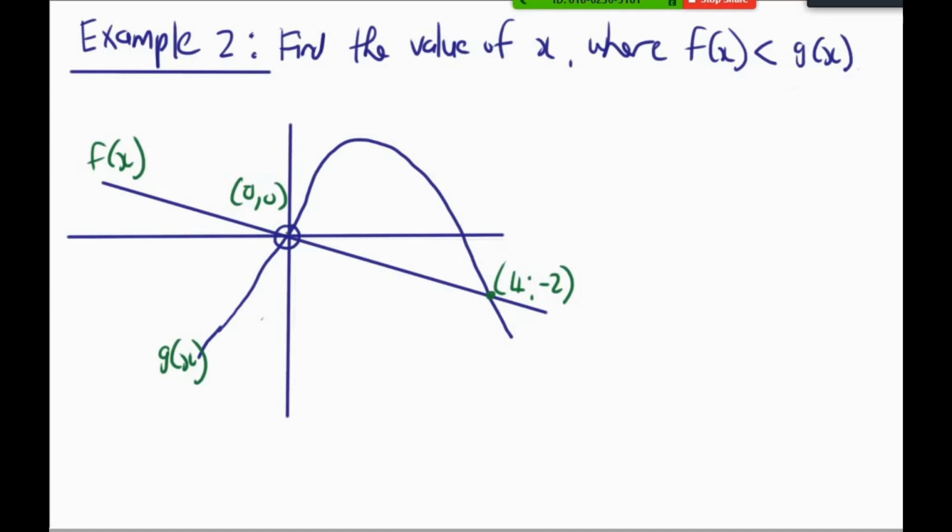Okay, so in this example over here, we want to try to find the values of x for which f(x) is less than or equal to g(x). So if we have a look here, f(x) is basically going to be our straight line. g(x) is our parabola.